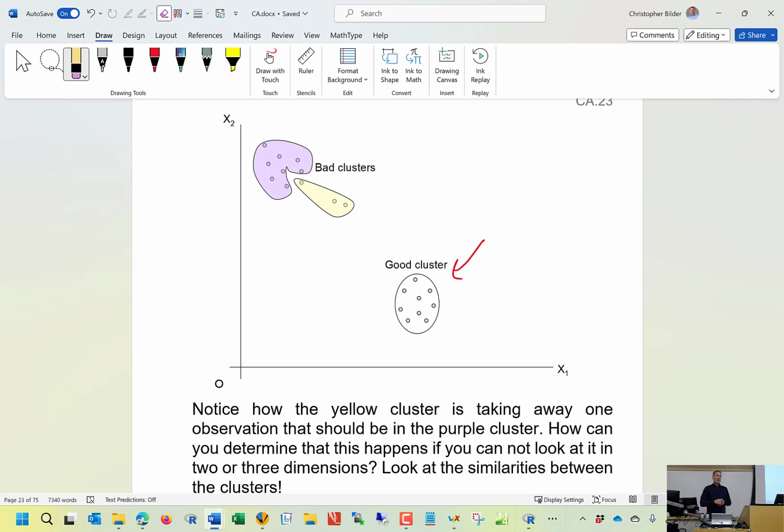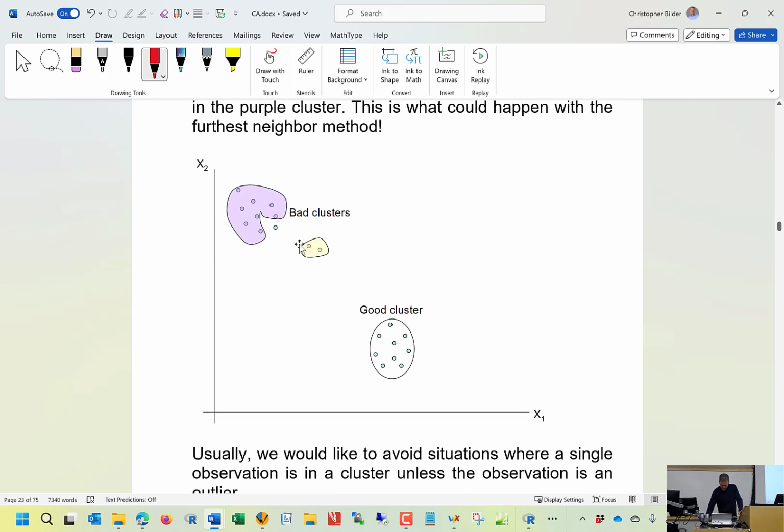Or you might even go away and say, what clustering method can do something like that? Well, think of what furthest neighbor does. The furthest neighbor method defines the distance between clusters as essentially, let's look at this part first.